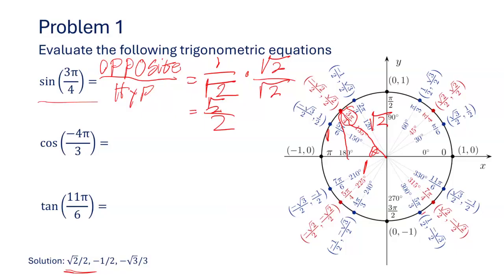So we have 1 negative pi third, 2 negative pi thirds, 3 negative pi thirds, and we get to negative 4 pi thirds. You could also call this angle 2 pi thirds. They are equivalent on the unit circle. Okay, so I'm going to draw another triangle.